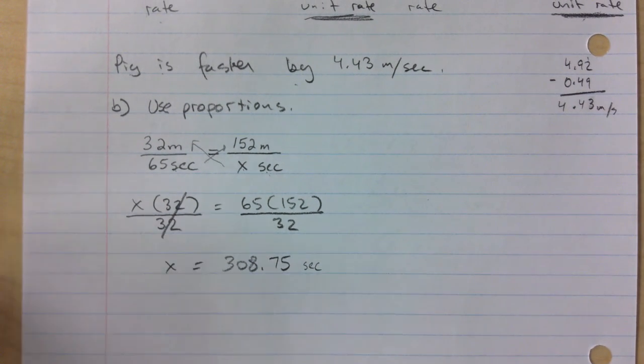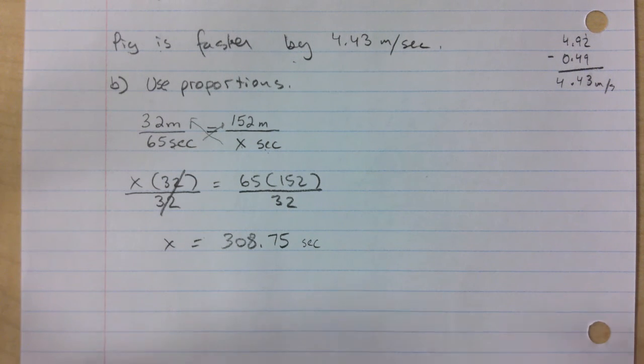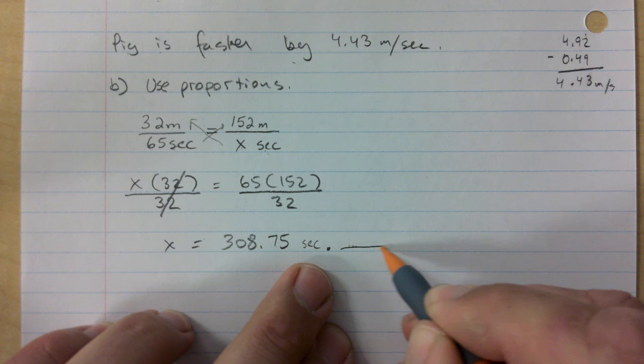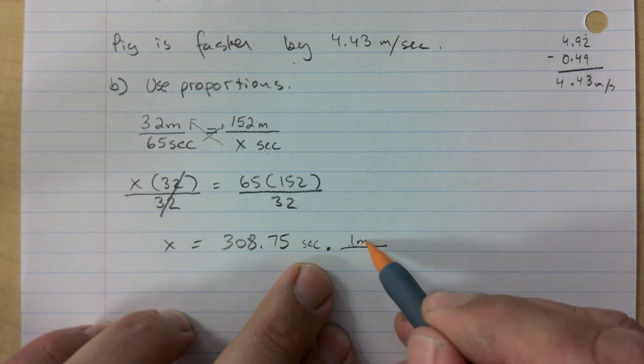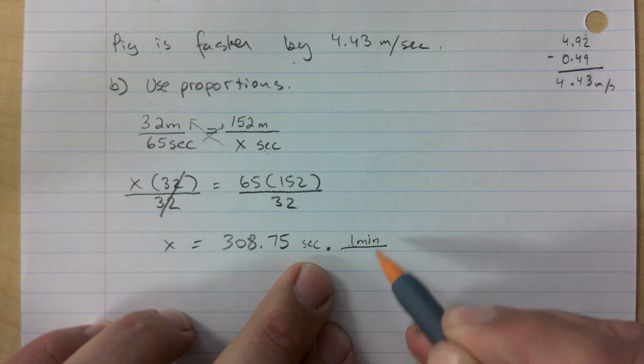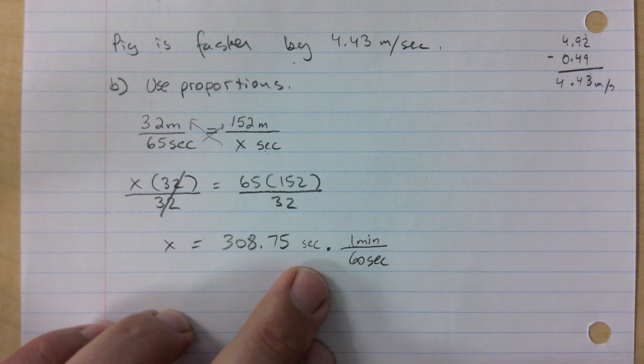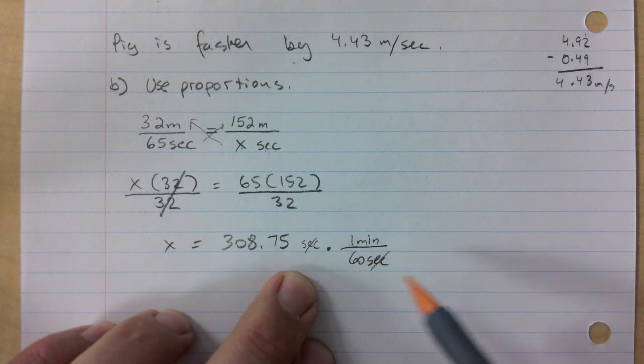And what is this in seconds? Hold on a second, right? We're not quite there yet. We need it in minutes. So watch this. Nice and easy, right? 1 minute has 60 seconds. It's actually accurate to do this. So you cancel out the seconds.